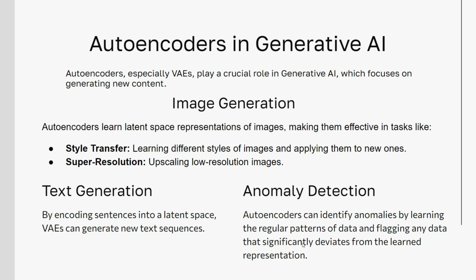The next task where autoencoders are generally used is called super resolution, where we have a low resolution picture, and similar to how the denoising autoencoder removes the noise, this autoencoder is designed to make that image much higher resolution.